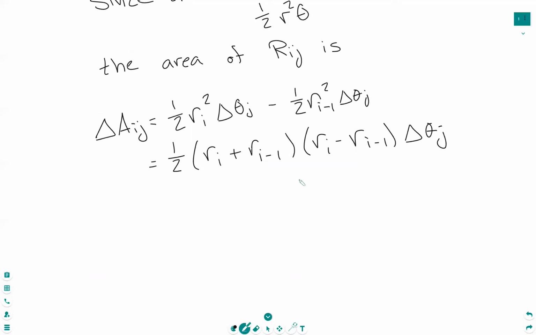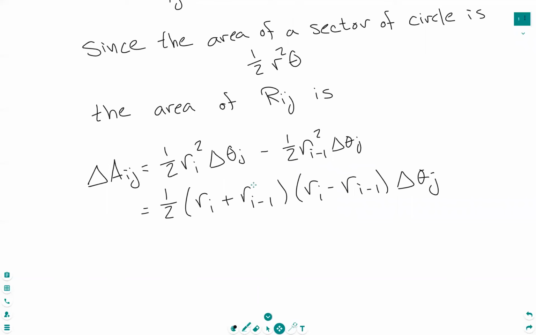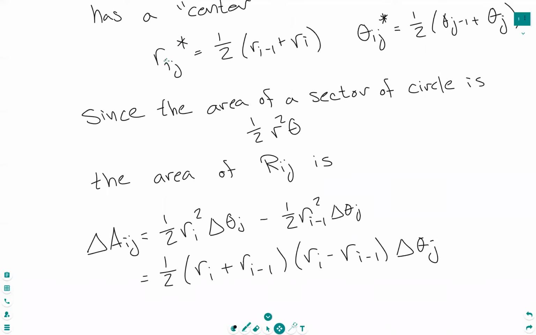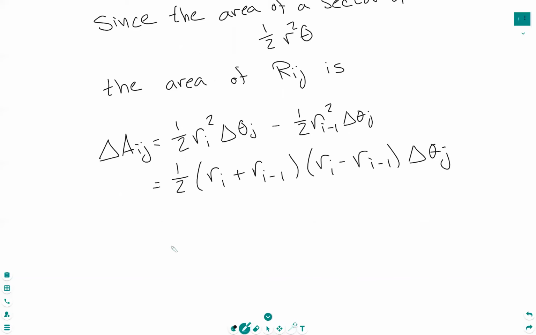But notice here that one of these is by definition Rij star. It's this term right here. And this is just the change in R. So we can write this as Rij star times the change in R and the change in theta.